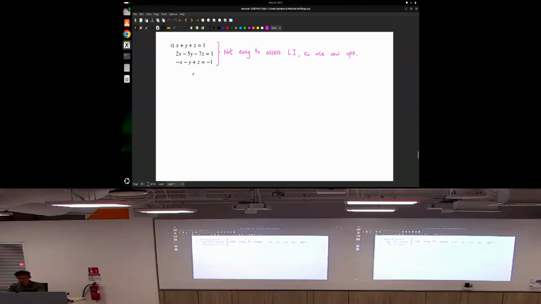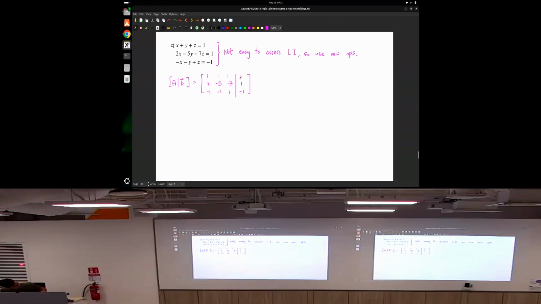As usual, start from A, B. So this is your augmented matrix: 1, 1, 1, 2, -5, -7, then -1, -1, 1, 1, 1, -1.